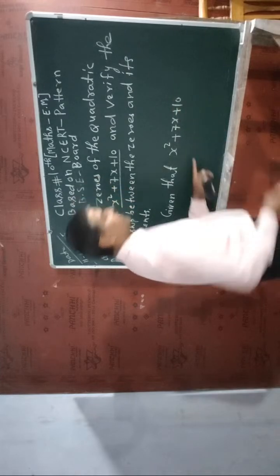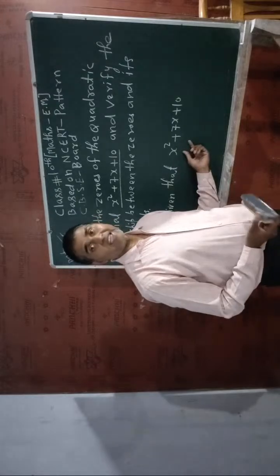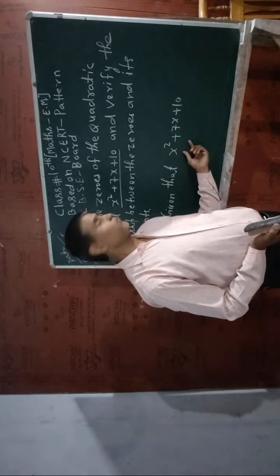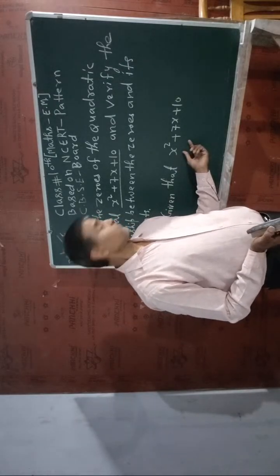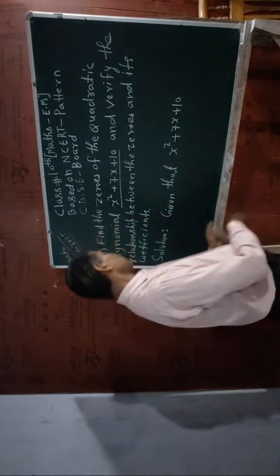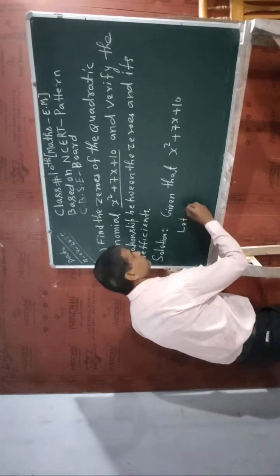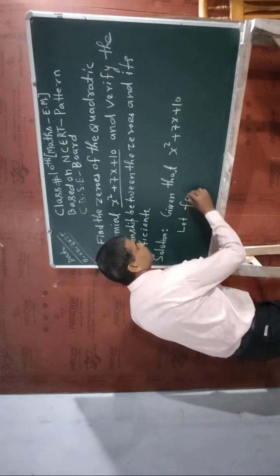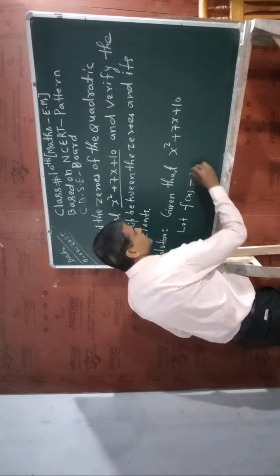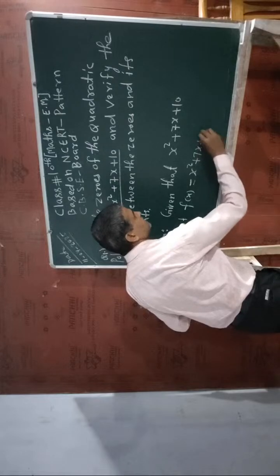This is a quadratic polynomial because its degree is 2. Now let f(x) be equal to x squared plus 7x plus 10.